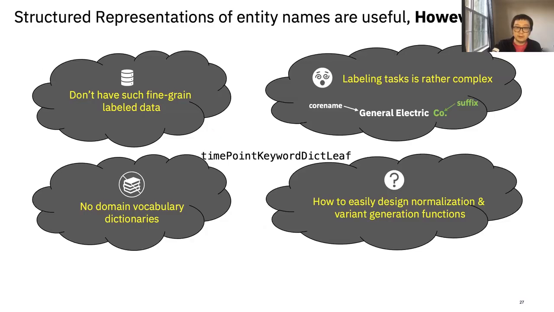For example, I may not have a company suffix dictionary to help the algorithm identify the core domain vocabulary. And also, since we don't have labeled data, if you ask the user to provide labels, providing such structure label examples can be very difficult for the end user. And same for creating the normalization and value generation functions.